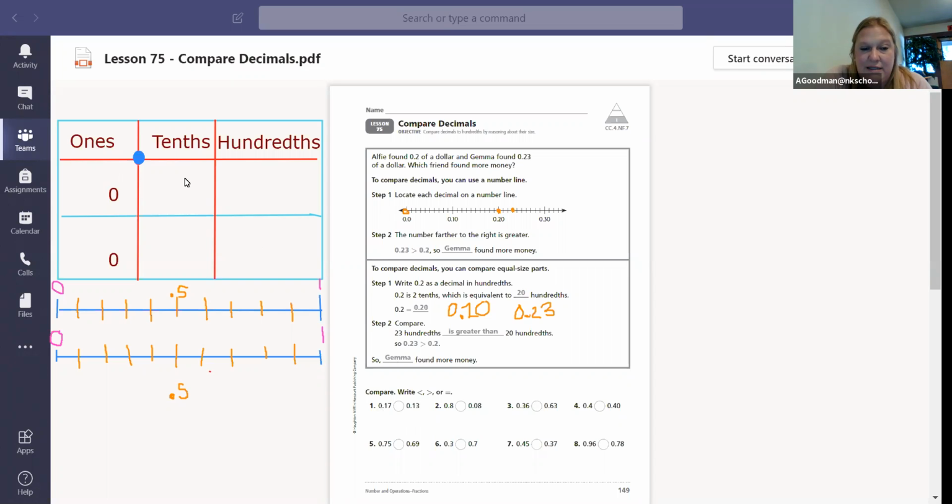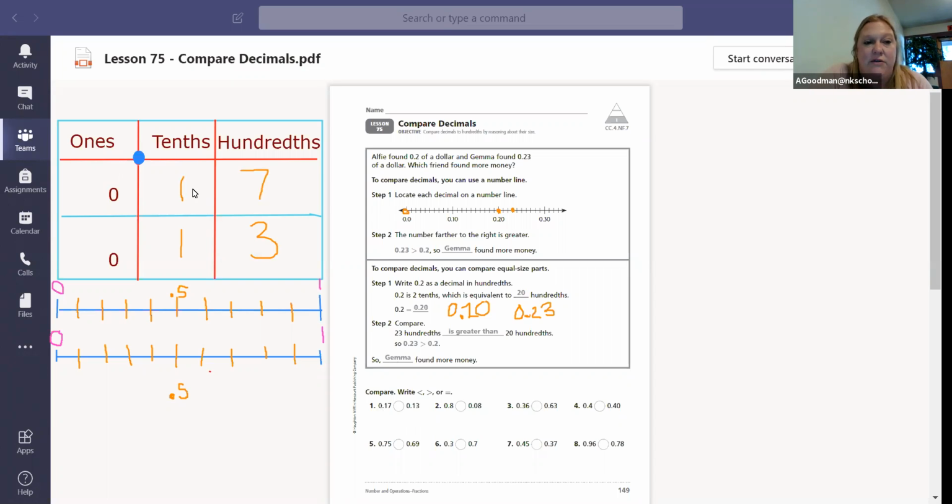And then this one is 17 hundredths and 13 hundredths. And even though you say hundredths, you don't put the 17 in one place. You put the 1 in the tenths place and 7 in the hundredths place, just like the number 13 and the number 17, you don't put both of them in the tens place.